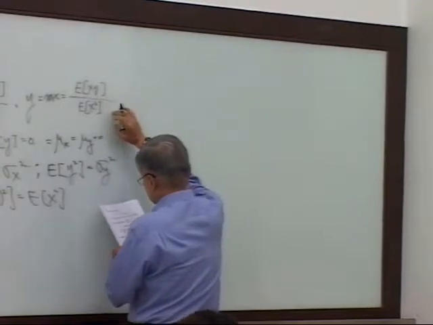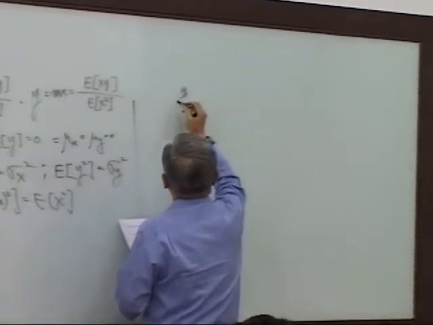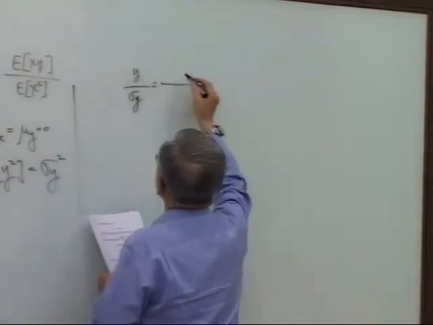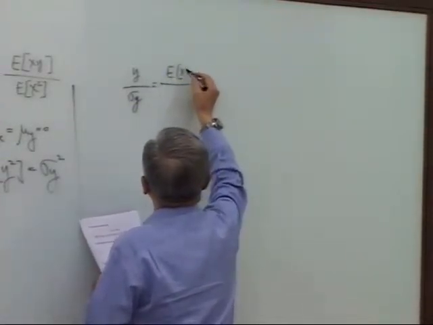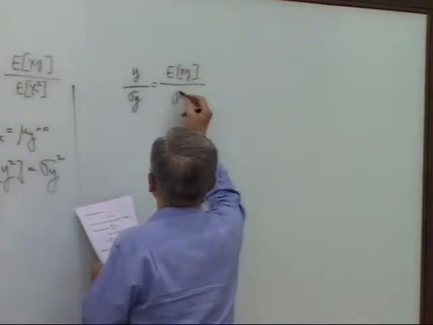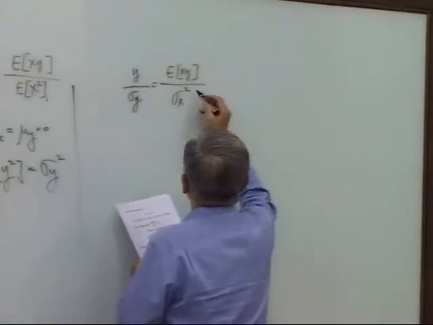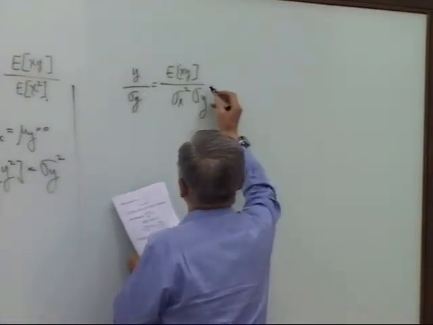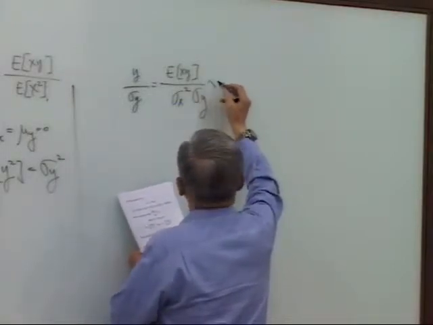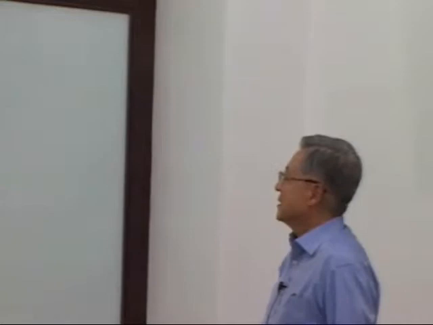So from here, I'm going to divide by sigma y. E[xy], and this is sigma x squared. I'm going to say sigma y times x, right? If it's wrong, let me know. Okay.